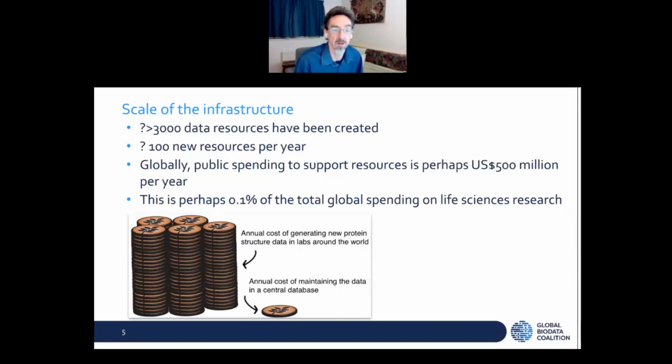But that sounds like a lot, but that's spread over the entire globe. And it's far less than the amount of money spent to generate the data that goes into the resources, which is probably 1,000 times that. But again, that's an estimate. One of the things GBC would like to do is put better figures on these numbers.